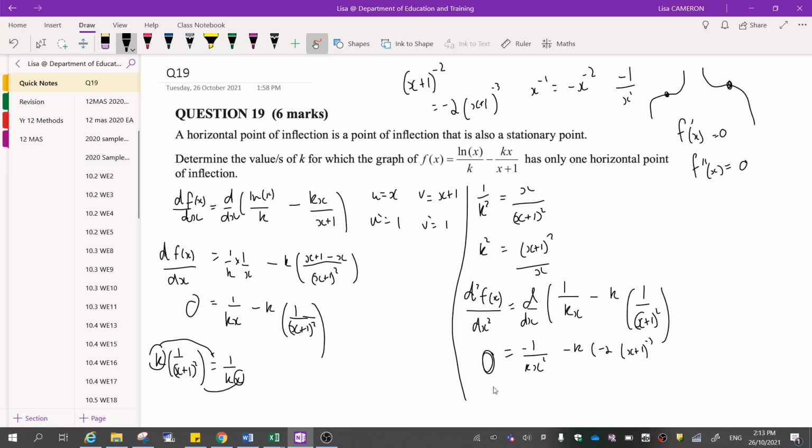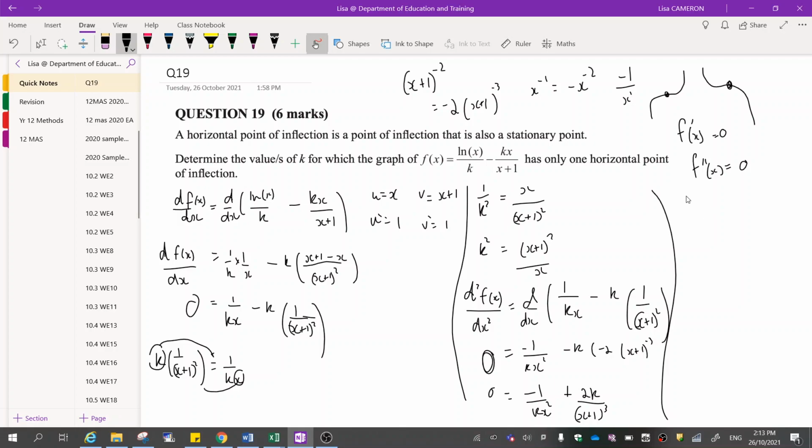Okay, and I left that whole thing equal to 0 so that I can get an expression for where the point of inflection is. So let's just start thinking about what we've got again. This expression will become plus 2k all over x plus 1 to the power of 3. If I take this to the other side, it's going to make it positive.